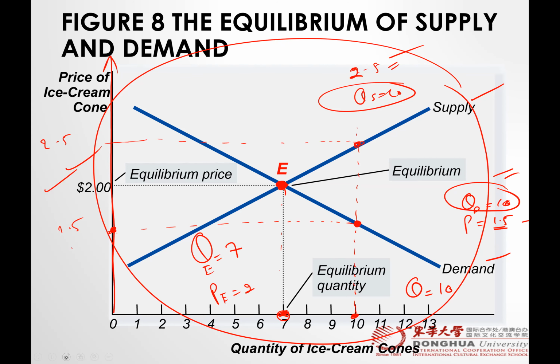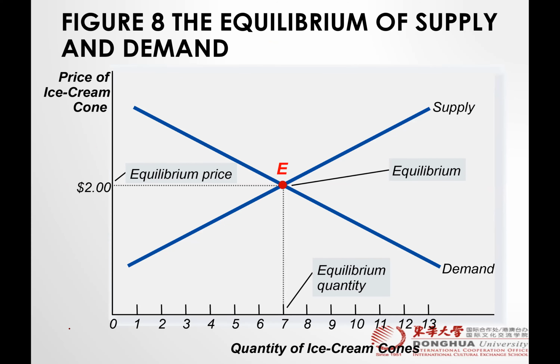Let me just remove all this mess here. If we look below this equilibrium, for example, at 3, what will happen here? This is supply, right? Because supply is upward sloping, so this is supply. And this would be demand. So when quantity is 3, which means quantity supplied is 3, the seller expects 1.5 on 1 cone and would be supplying 3 cones of ice cream.